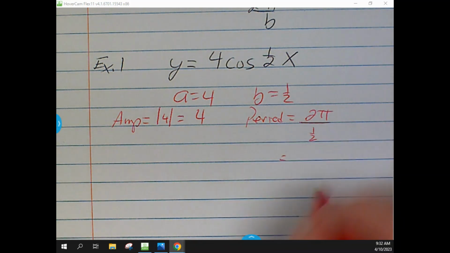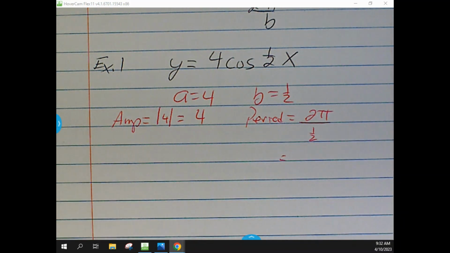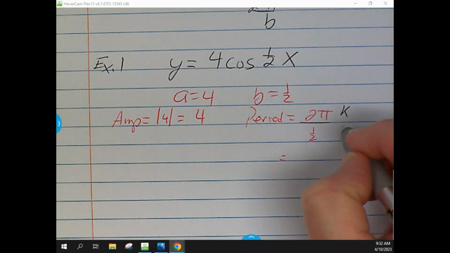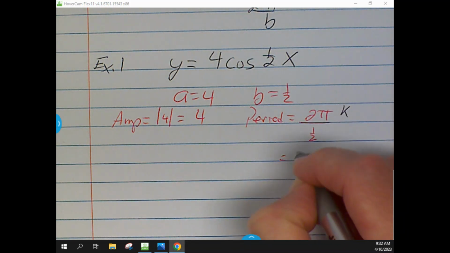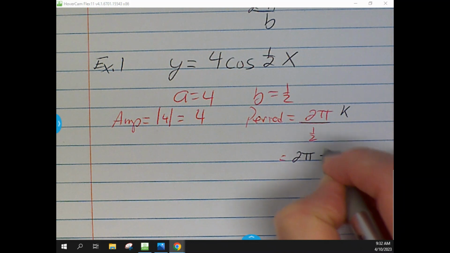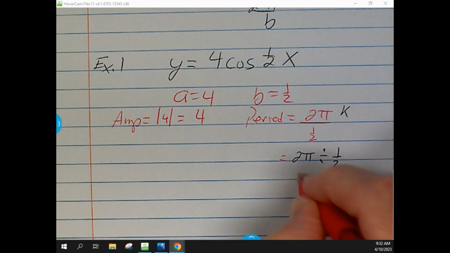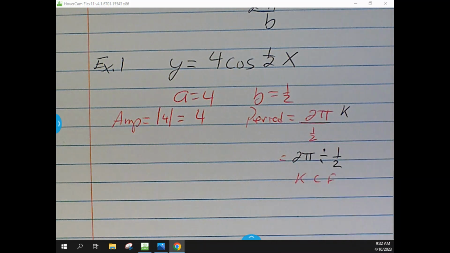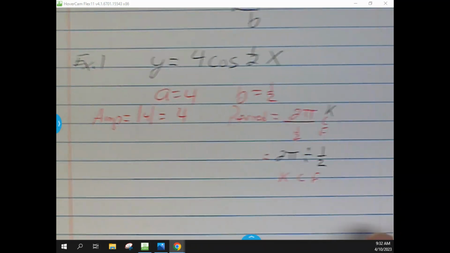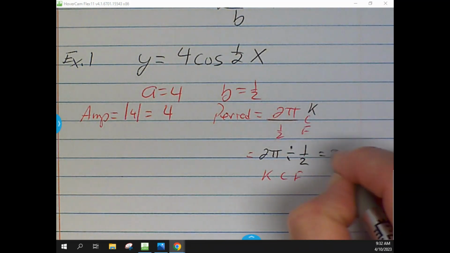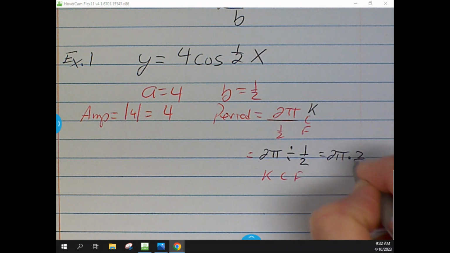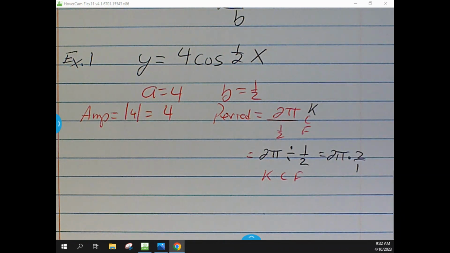So let's do like we did back in 6th grade math. Because if you think about it, this is really 2 pi divided by 1/2, right? So we can keep it, change it, and flip it. And we could have really done that back here with this fraction. If we do that, that winds up being 2 pi times 2 over 1, which just means it's 2 pi times 2.